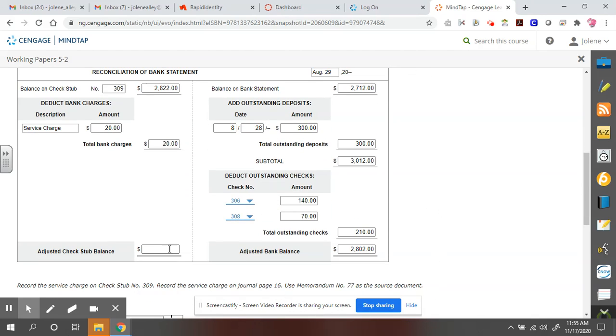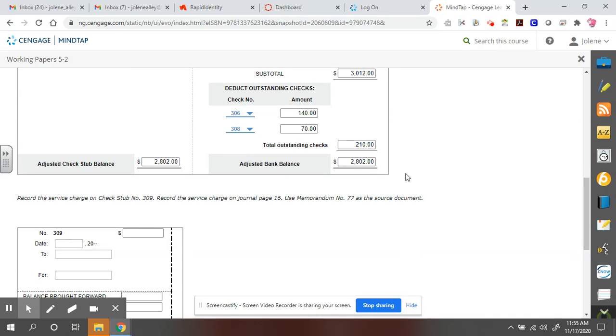Now, I only have this box to do, and it tells me to deduct. So it's 2822 minus 20, up to 2802. That's good. These two balance. They say the same thing. That's perfect. That's what we wanted.